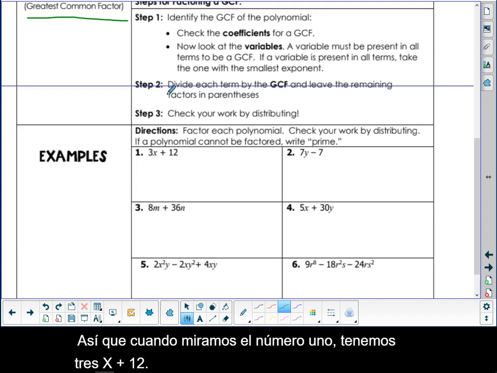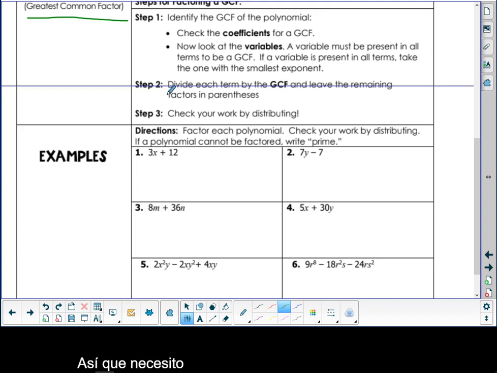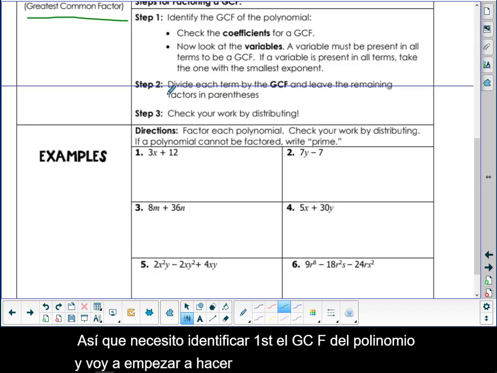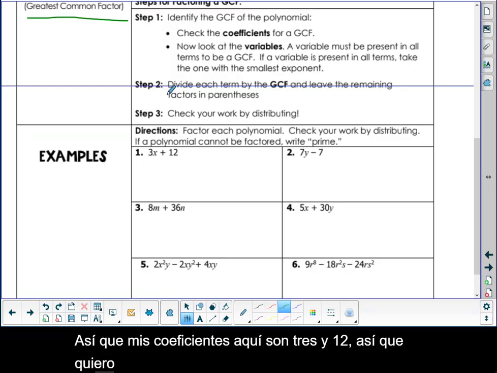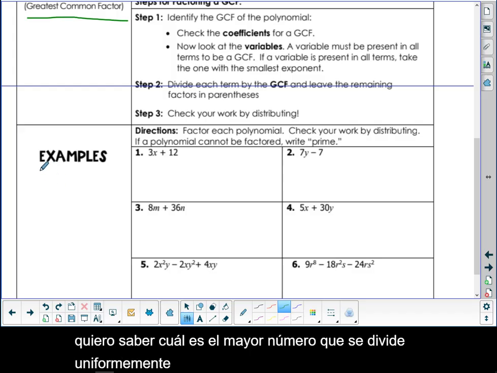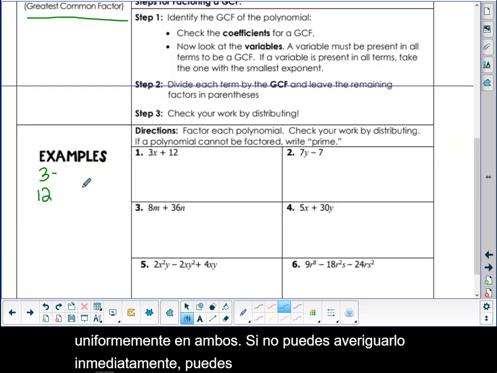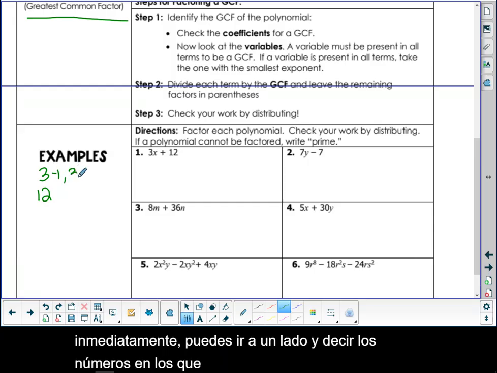So I need to first identify the GCF of the polynomial, and I'm going to start doing that by looking at the coefficients. My coefficients here are 3 and 12. I want to know what the biggest number that divides evenly into both of those is. If you can't immediately figure that out, you can go over to the side and say, okay, the numbers that are divisible into 3 are 1 and 3.